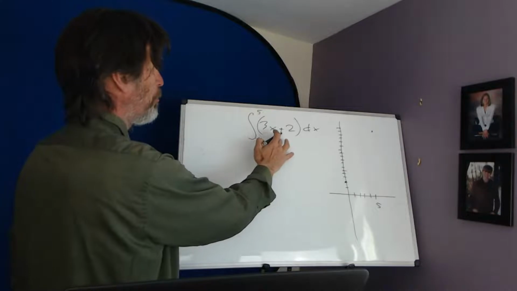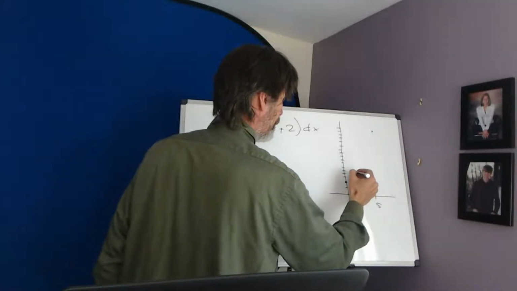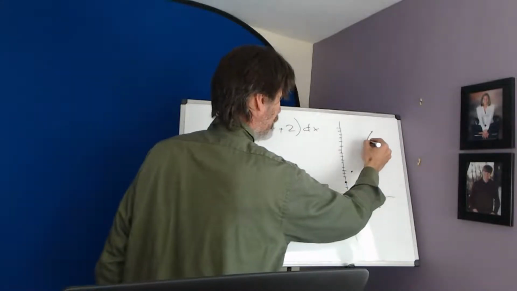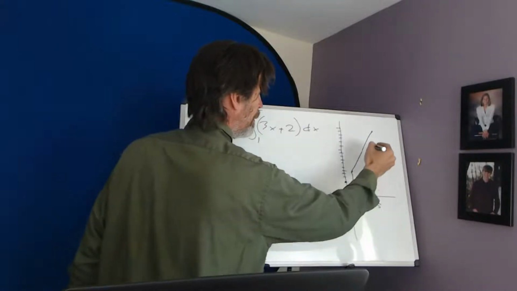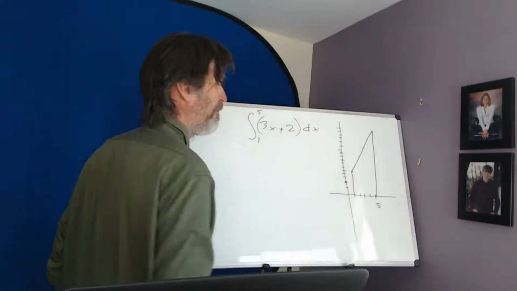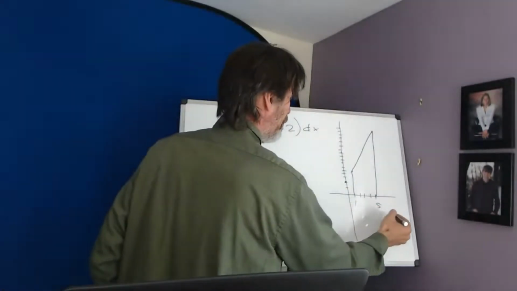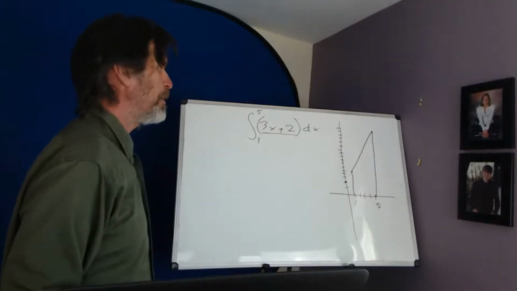When I plug in a 1, I get 5. So this is the area that the definite integral will allow me to calculate. It'll be this area from 1 to 5 underneath the function y equals 3x plus 2.